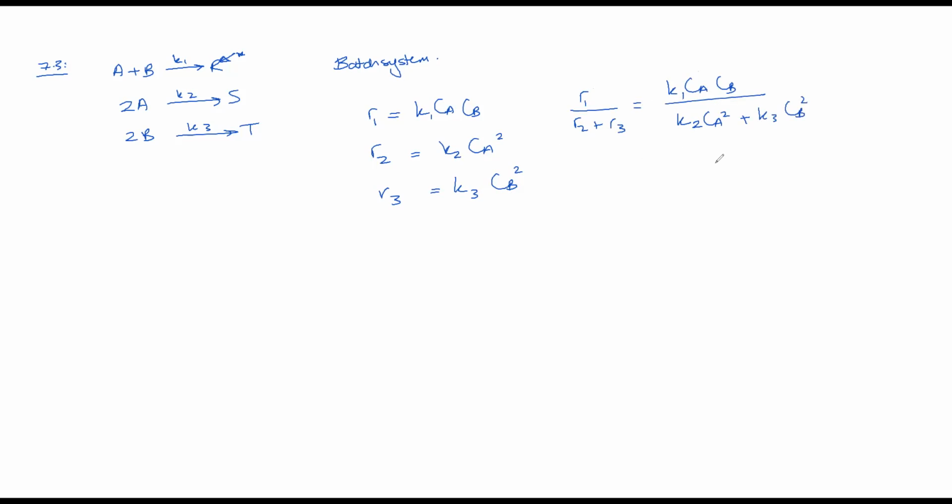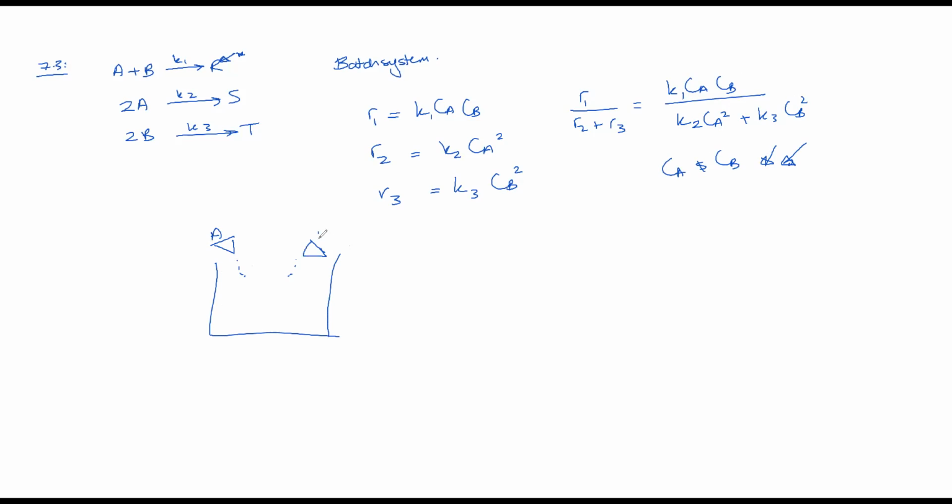So in order to maximize this, I need Ca and Cb to be as low as possible, right? Because when these values are very low, I have a square effect here, so this ratio is going to be high. So in order to achieve this in a batch system, and this is in your slides as well, I'm going to slowly drip A and B into my batch reactor, right?